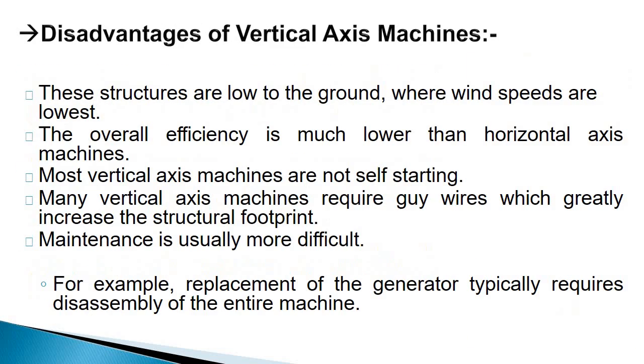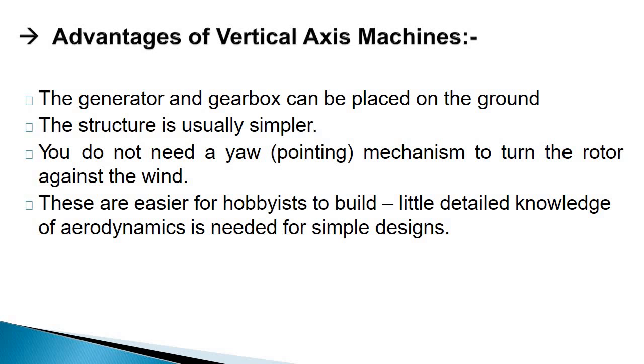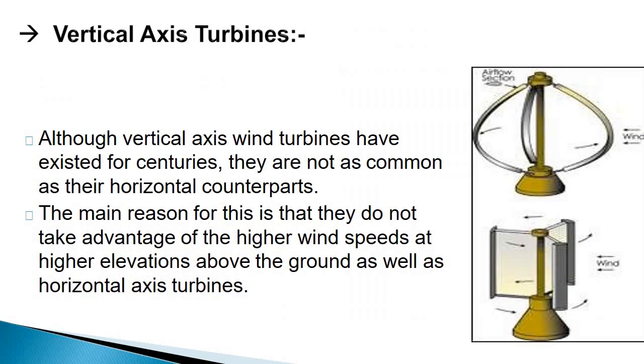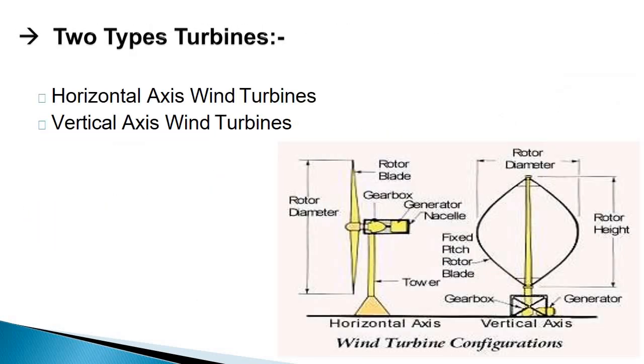So let us see various components of horizontal axis wind turbines. Here you can see these are the blades which are attached to a rotor. Then rotor is attached to the gearbox and it is attached to the generator.